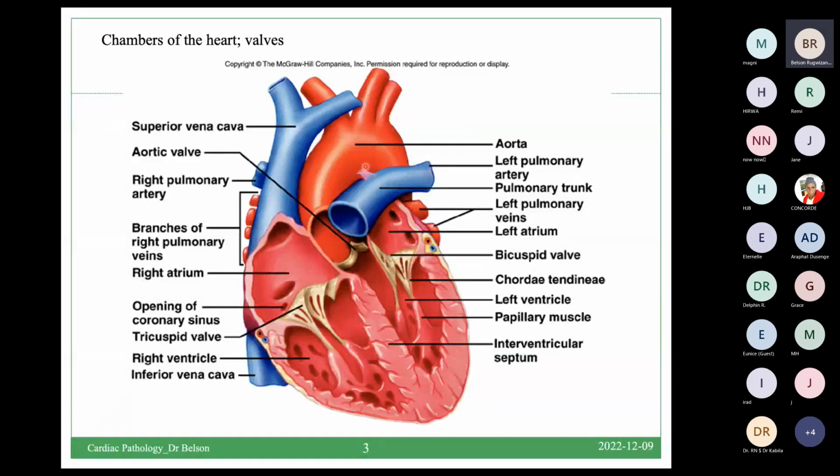So sometimes these coronary arteries get thrombosis or embolism. I hope you remember what we have seen last time. So when there are such problems in the coronary arteries, it can cause heart attack or myocardial infarction.